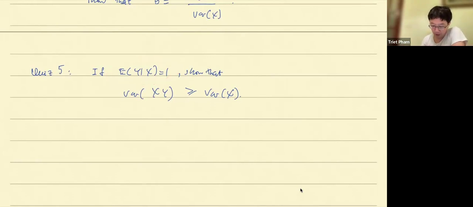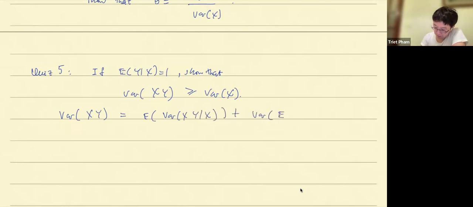Well, clearly, with the theme of the section, the key is the conditional variance formula, and we condition on x. And again, remember, if you condition, then whatever you're conditioning on is viewed as a constant within that context.